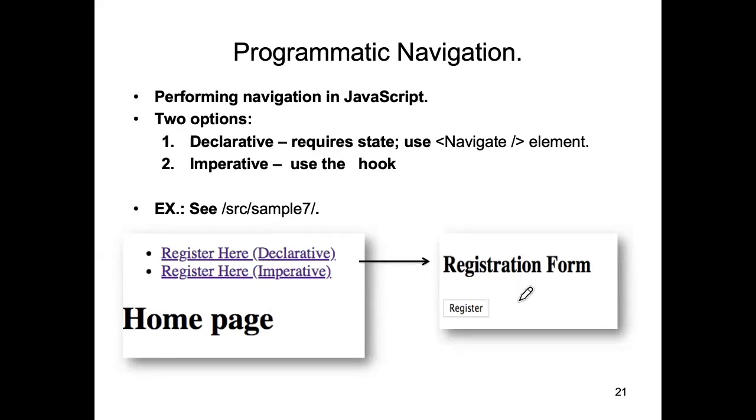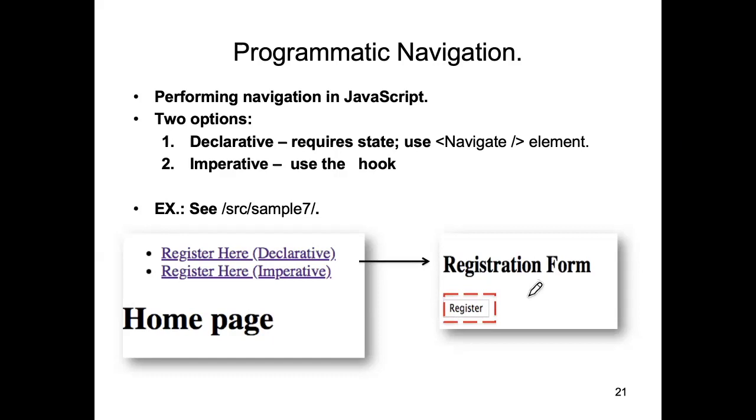But let's imagine there is a web form here that the user fills in, and then they click the register button. That will have an event handler associated with it. The event handler will possibly do some validation on the inputs that have been supplied by the user, send the data back to a web API, et cetera. Eventually, we want the application to send the user back to the home page.